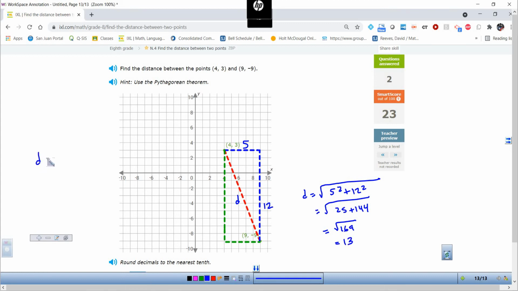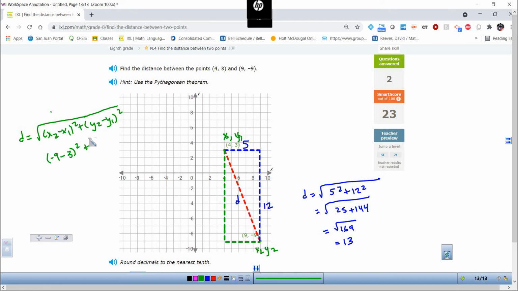Or if I had done the distance formula, I could call this right here, actually, let me do all this in green, my x1 and my y1. I'll call this one my x2 and my y2. And my distance would be the square root of x2 minus x1 squared plus y2 minus y1 squared. Then if I looked at it, my y1 is 3, my y2 is -9, so -9 minus 3 squared.